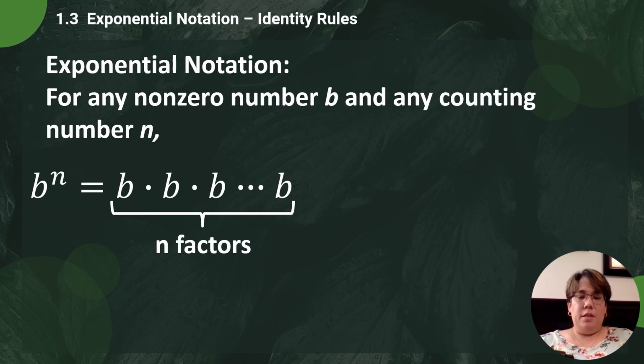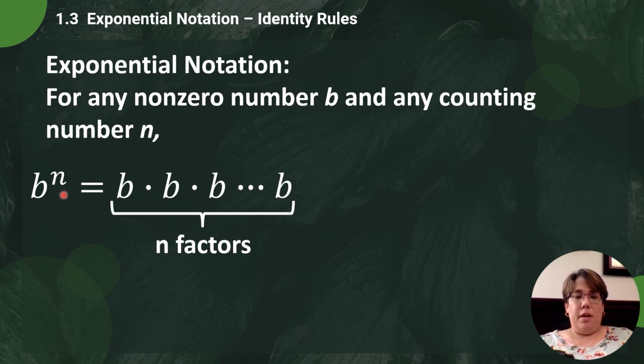Now with exponential notation, we're going to have some identity rules, and in order to go over those identity rules, we need to go over some basic definitions first. For any non-zero number b, which is considered our base, and any counting number n, b is called our base number.